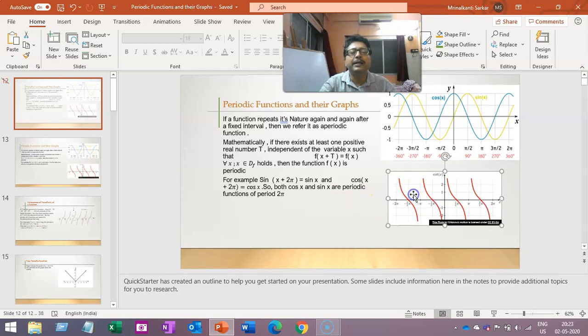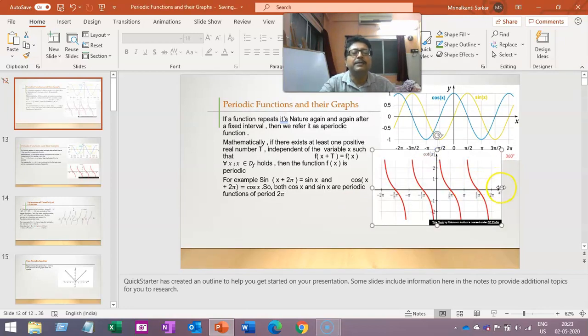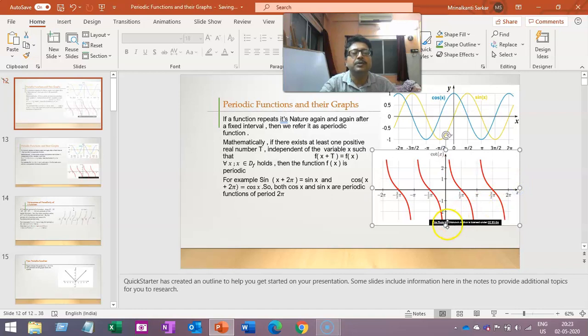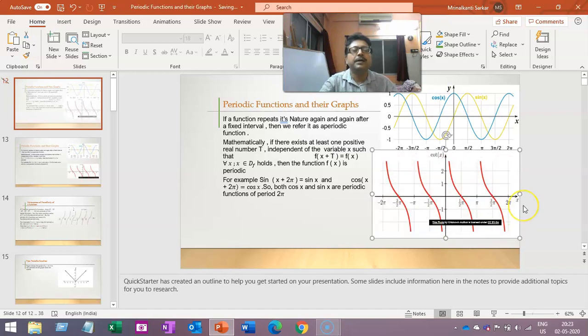If I go by this, tan x, no, this one, cot x function. If you see the graph of the cot x function, this is also a periodic function. Here also the graph is going to be repeated. The nature of the graph from x equal to 0, the y-axis, to x equal to pi, you can see the same nature repeated from pi to 2 pi.